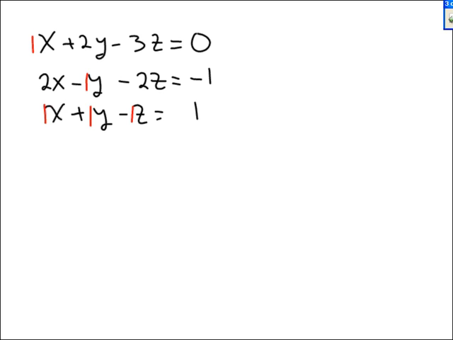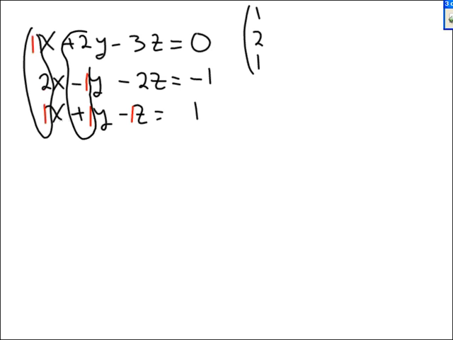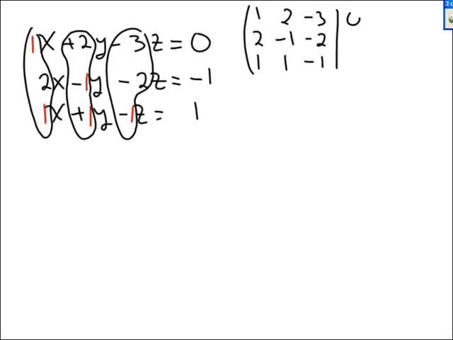Of course, y is 1y, x is the same as 1x. And now you just write down the coefficient matrix, including signs. You write down the numbers in front of the x's. 1, 2, 1. Including the signs. Then you write down the numbers in front of the y's. 2, negative 1, 1. And then the numbers in front of the z's. Negative 3, negative 2, negative 1. Then you augment it.